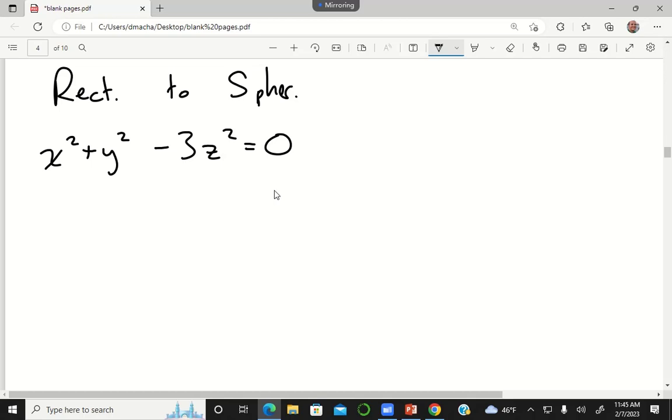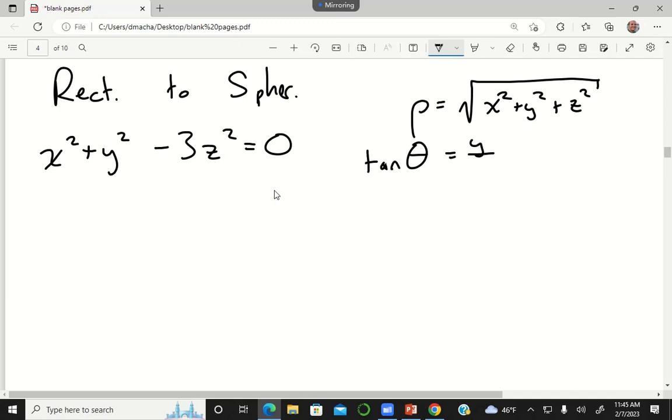Okay. So again, I'm trying to convert to spherical. I'm going to remind myself of what those equations were. Rho squared is equal to x squared plus y squared plus z squared. Tangent theta is equal to y over x. And phi was arc cosine of z over rho.